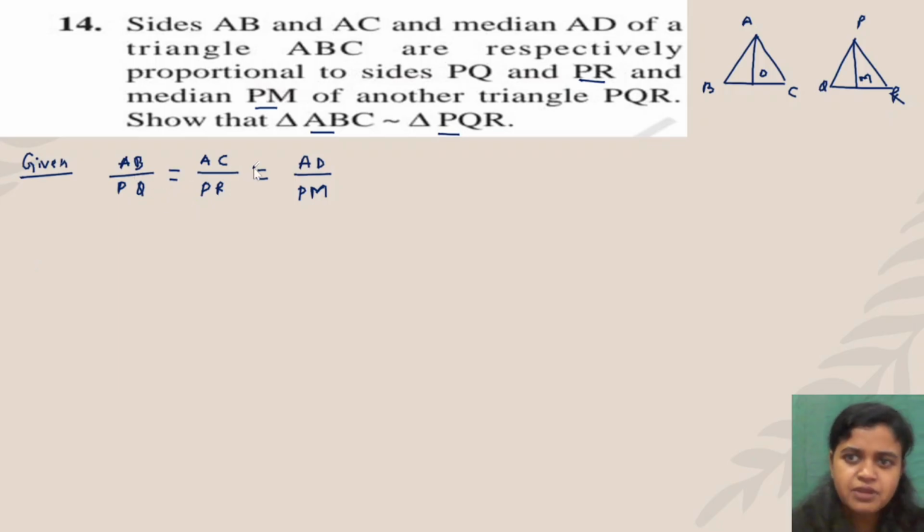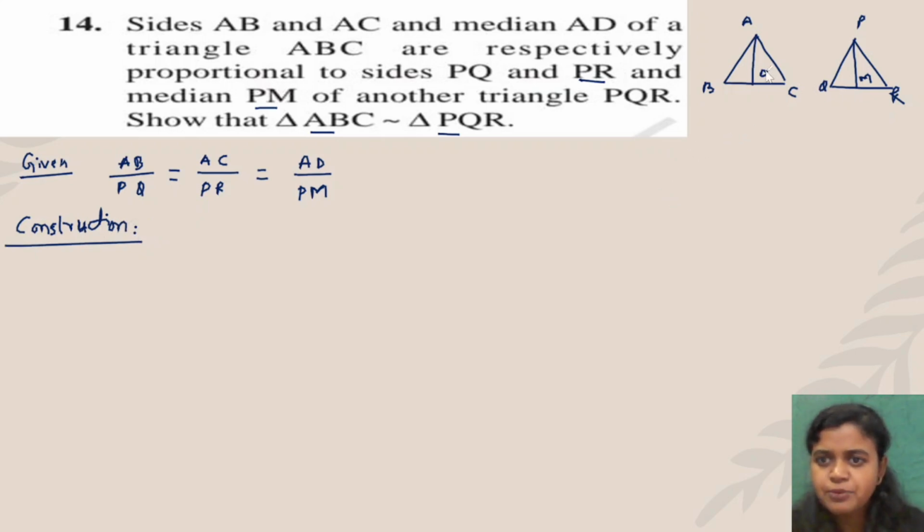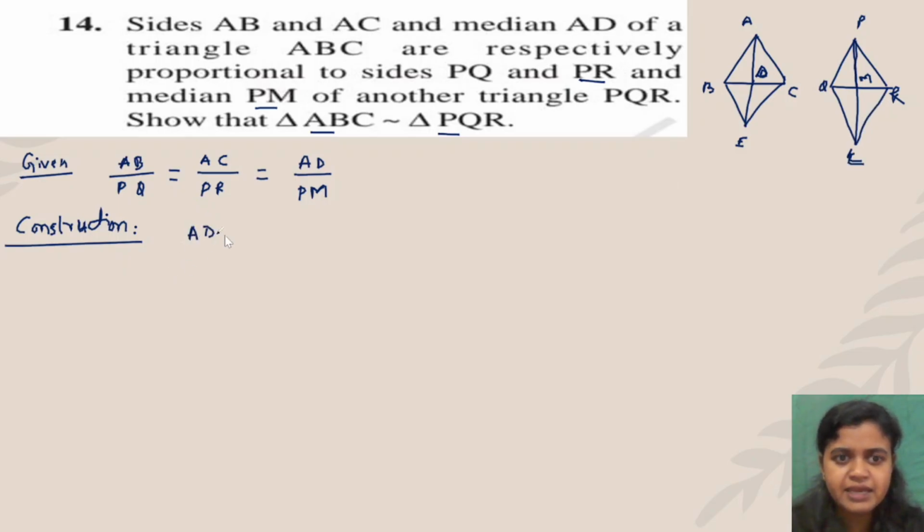So this is given, and we have to construct a little bit for the proof. Construction: this is D. We have to extend AD to, suppose, E, and we have to extend PM also to L, such that AD equals DE.